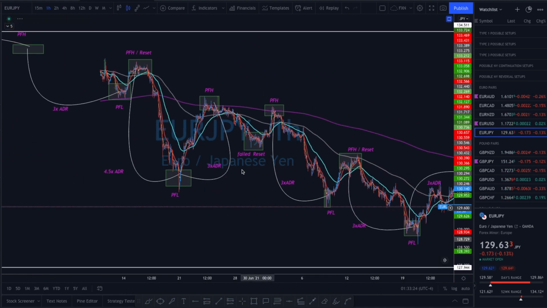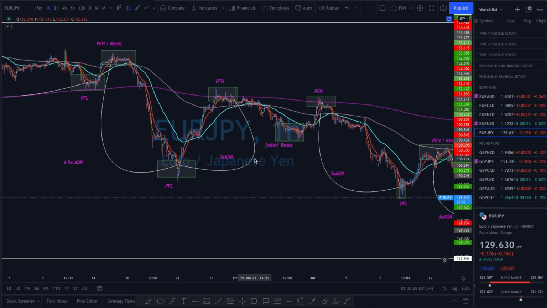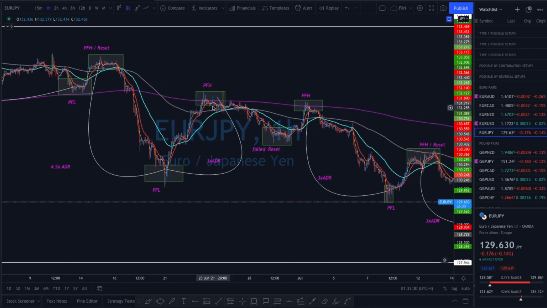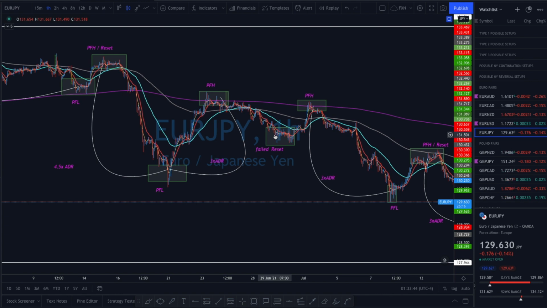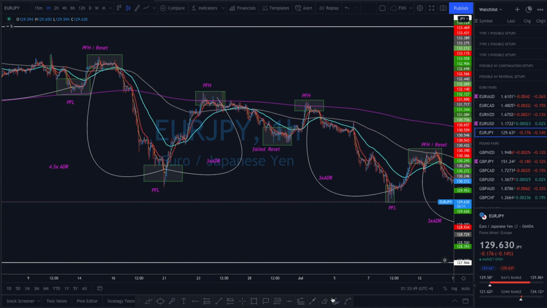So what you're going to notice, here's another failed reset here as well. See, they come down. This is not a full cycle, obviously, because from here to here is 3 times ADR. This is only halfway down. They realize halfway down, man, we don't have enough orders. So let's go ahead and convince more traders that this is going to do this instead.